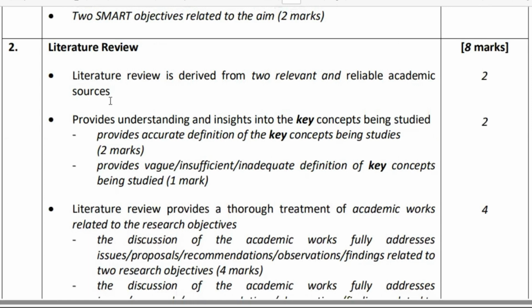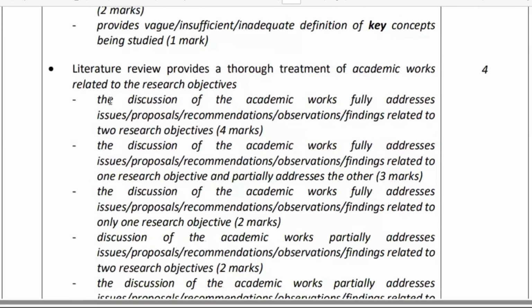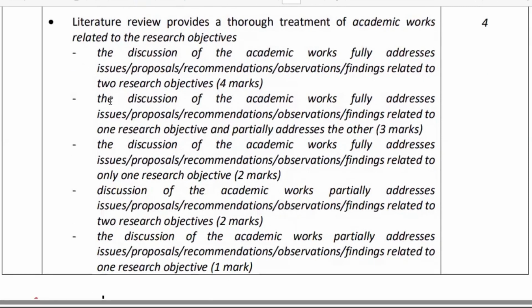Good, and we now know what academic sources are. Good. And remember to give definitions, right? You don't want them to be vague, and you're going to discuss them in relation to your objectives. And what sometimes I will tell my students to do is to perhaps write a lit review based on the objectives, right?